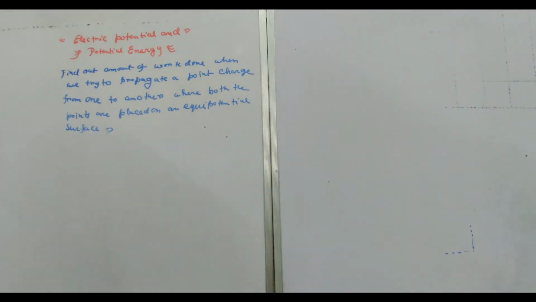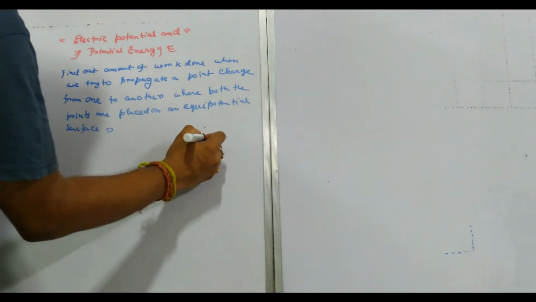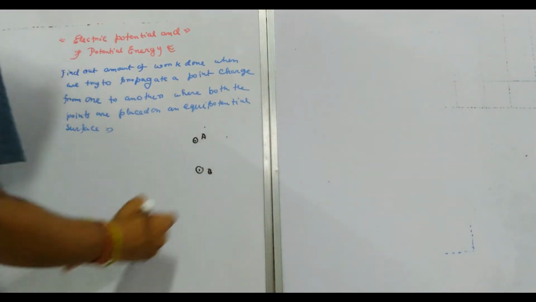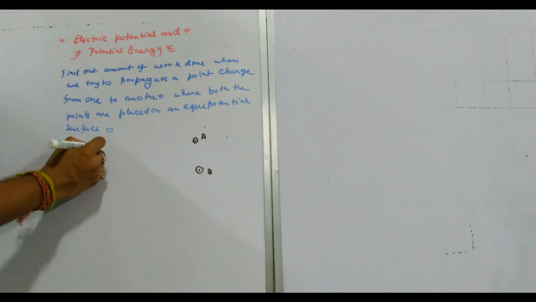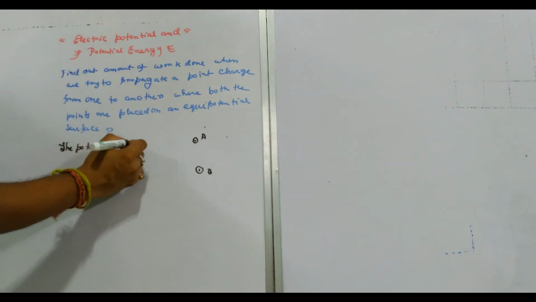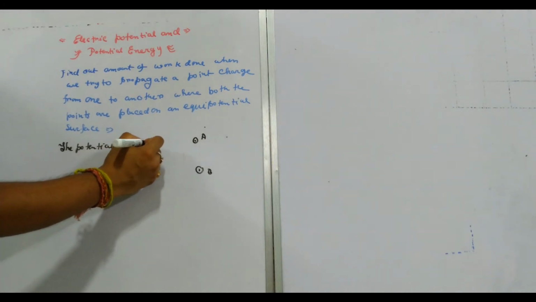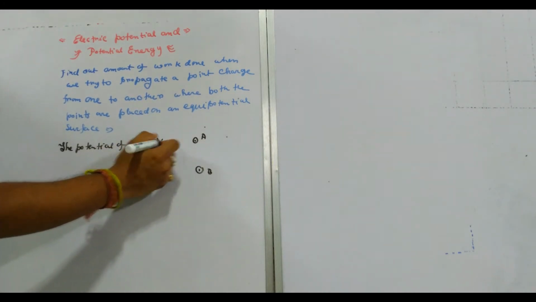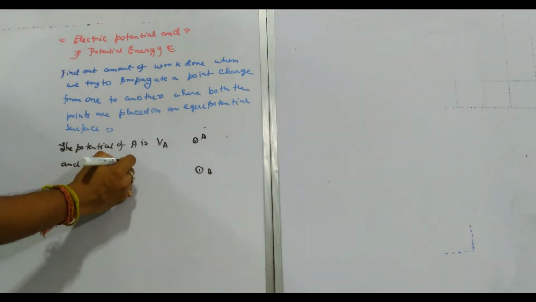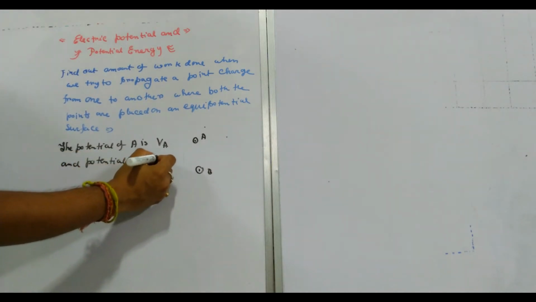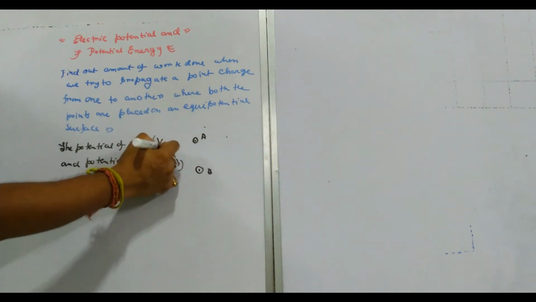Then we need to imagine two different points. Imagine this is A and this is B. We are thinking the potential of A, let it be VA, and the potential of B, let it be VB.